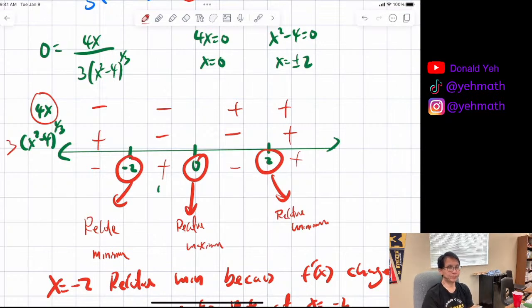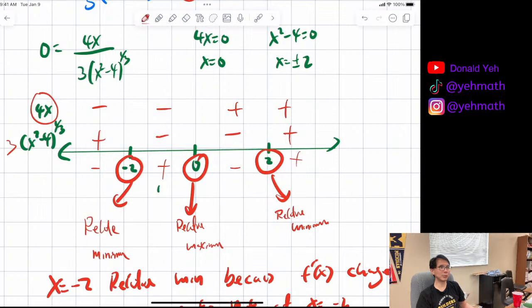So Mr. Yu, to find absolute max and absolute min, you'd have to use the original function. You couldn't use the derivative originally. Yes and no. To find absolute maximum and minimum, usually they have to give you intervals. You can actually use the derivative to find where it's increasing and decreasing, which helps you find absolute max and min.